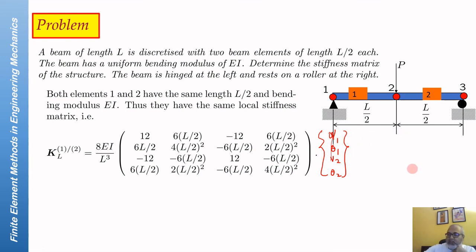So this is how you determine for each and every element what is the bending moment and shear force at any position within the elements.